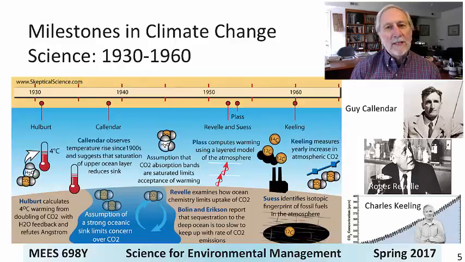So the progress continued in this understanding, in which various scientists estimated the effect of warming, estimating about 4 degrees C from a doubling of the CO2 increase. That increase affects not only the CO2 concentration, but as the planet warms, the water vapor, the H2O in the atmosphere increases, and that would have a feedback effect.